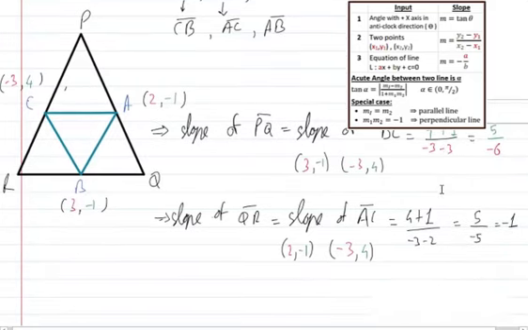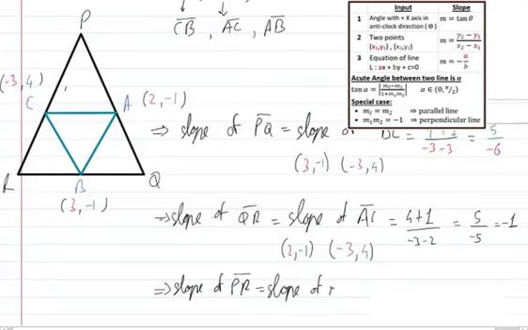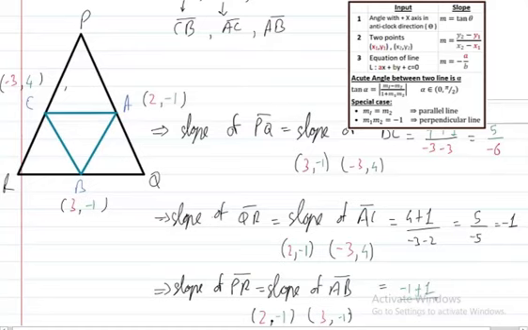Now the last edge, which is PR. The slope of PR is equal to the slope of AB. The coordinates are (2, -1) and (3, -1). Now let's take the difference of y coordinates, -1 minus -1, or we can say -1 plus 1, upon 3 minus 2, and we will get 0.